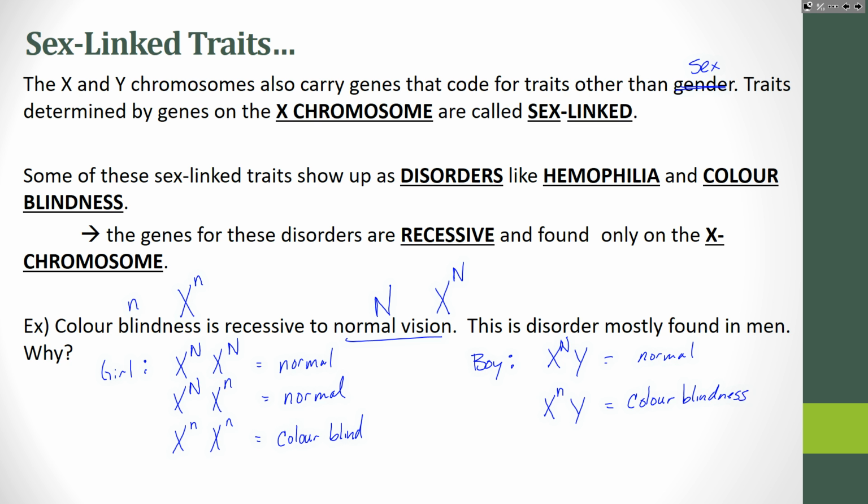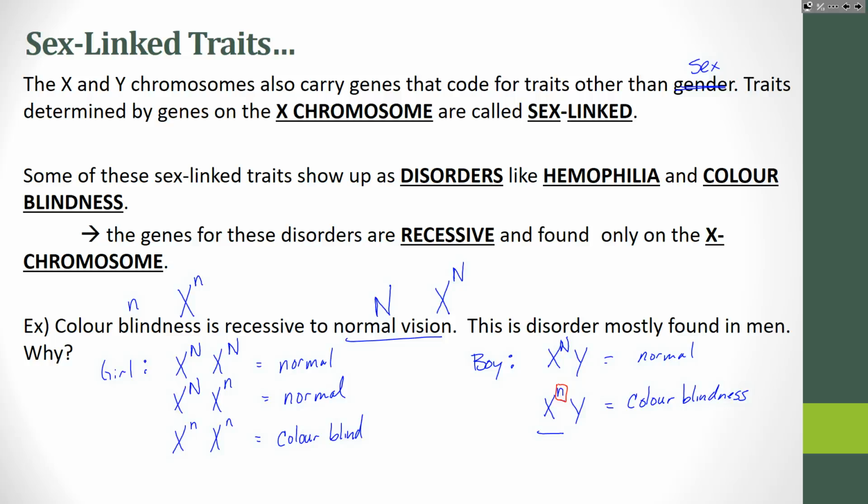So if a woman has a colorblind gene, she could give that gene to her son. Notice there's nothing on the Y chromosome because this is an X-linked disorder, a sex-linked disorder. So it's only on the X chromosome.